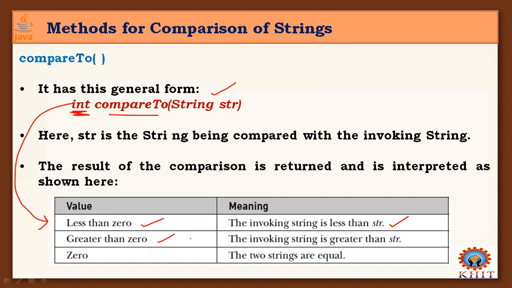Greater than 0: the invoking string is greater than str. And 0: the two strings are equal. Here str is the string being compared with the invoking string, the same process we used for the previous methods. The result of the comparison is returned and interpreted based on the value.